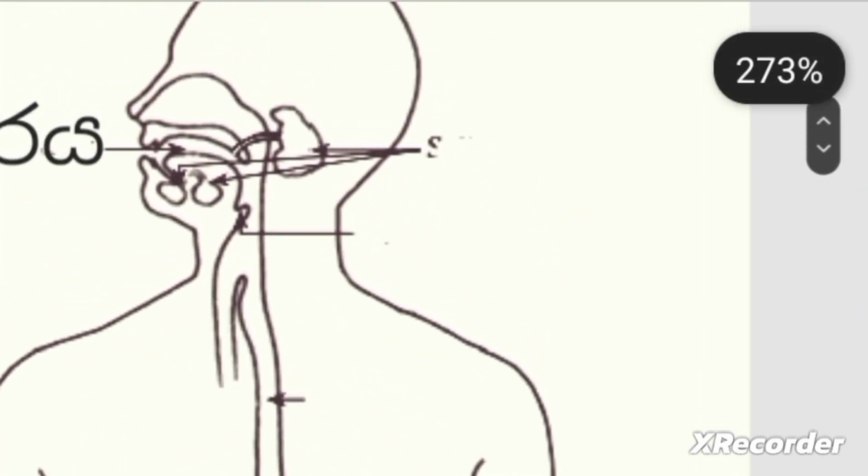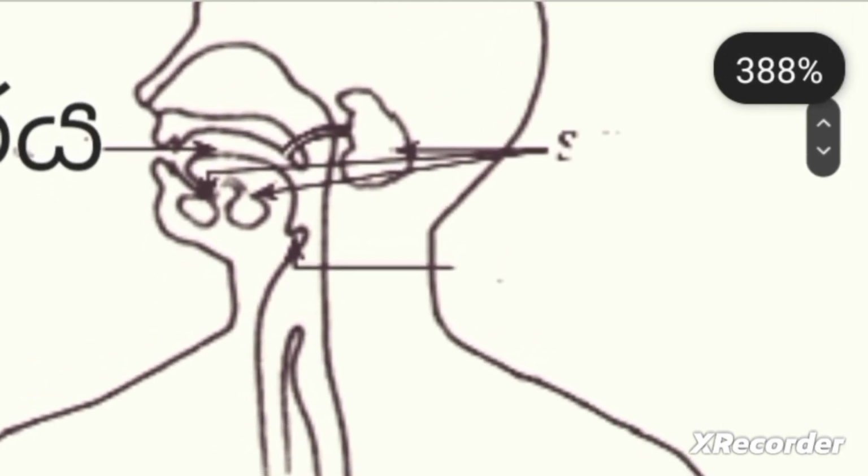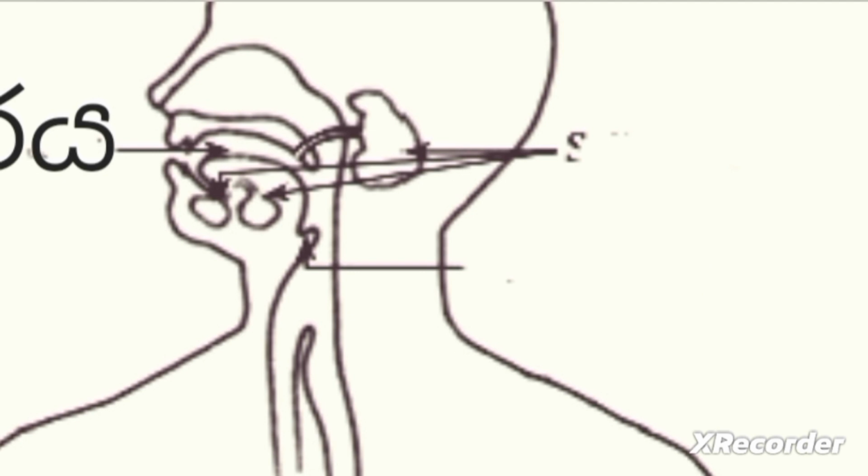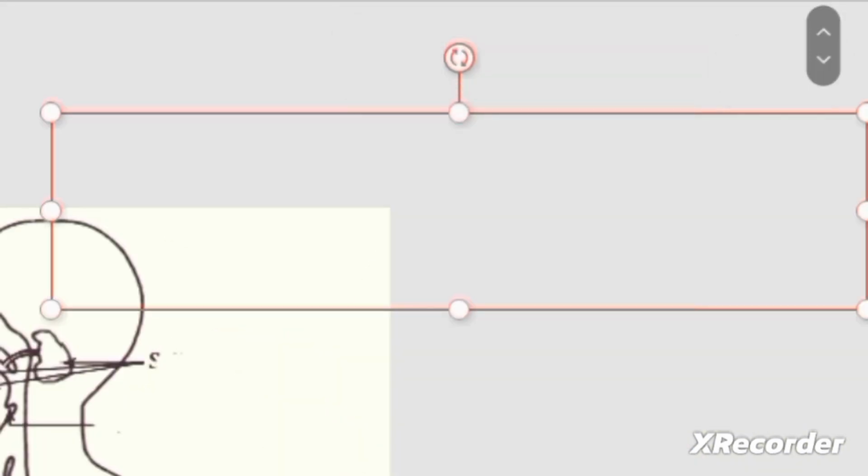Then you can see glands open to the mouth. We call them salivary glands, in Sinhala Keta Granthi. So we can label it as salivary glands.